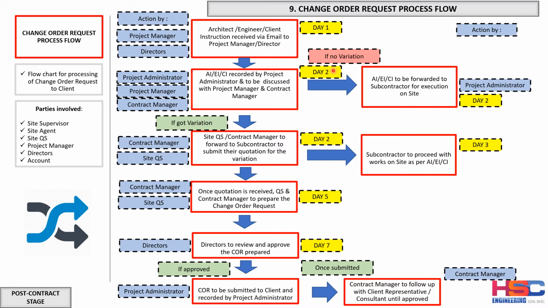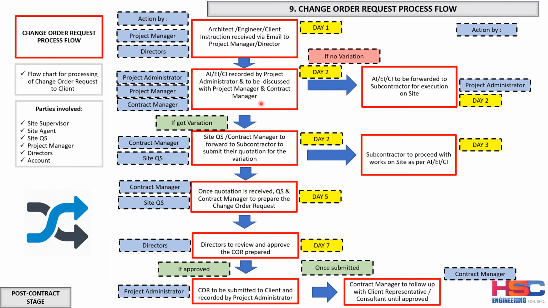If there is no implication, the first thing the project manager will do is issue the instruction to the subcontractor straight away for execution on site, or the contractor will carry out the work by themselves. The project administrator will forward this instruction to the subcontractor. This is if there is no variation.